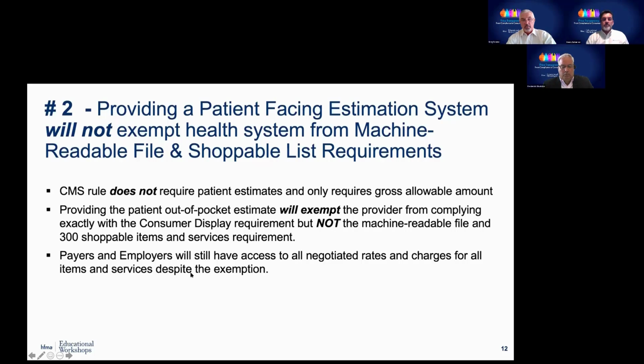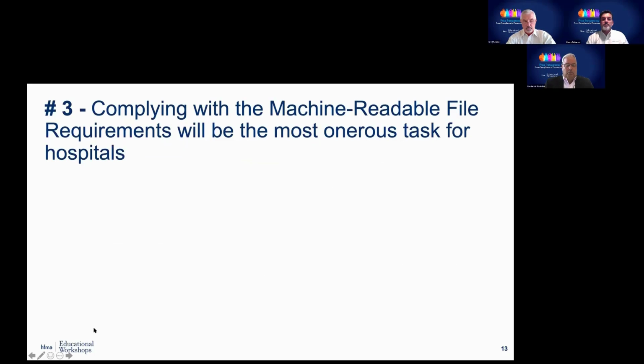And payers and employers will still have access to all negotiated rates and charges for all items and services despite the exception. Consequently, hospitals should not get a false sense of security that payers or employers will not have access. Again, I think that's an important point to make.